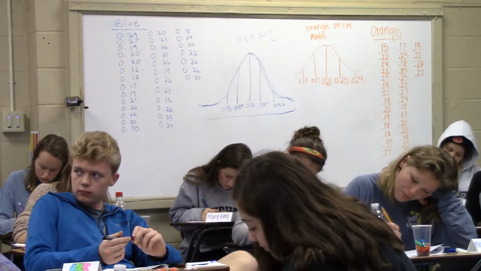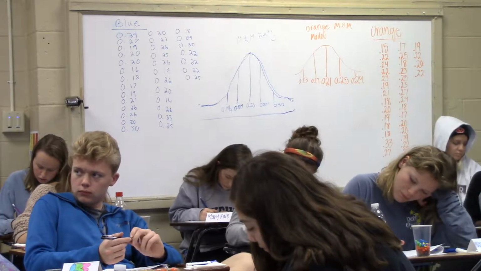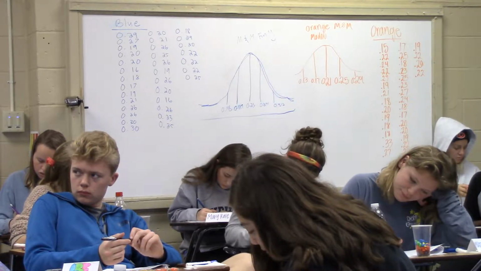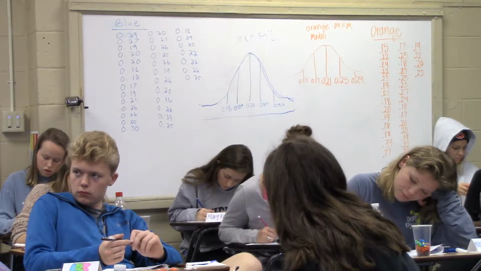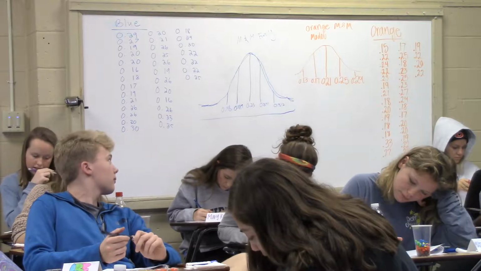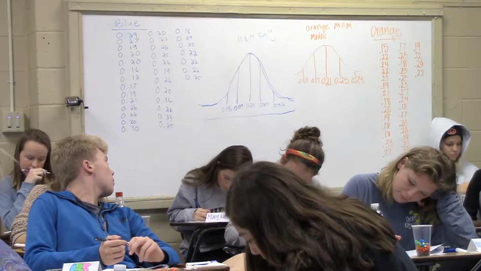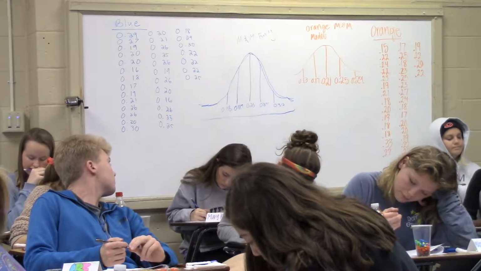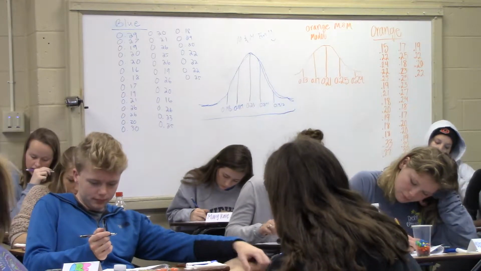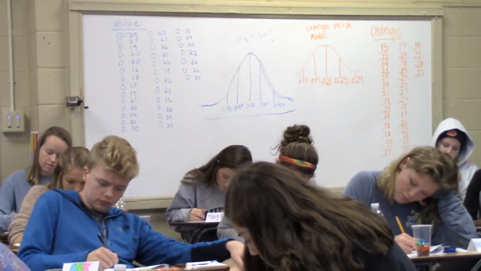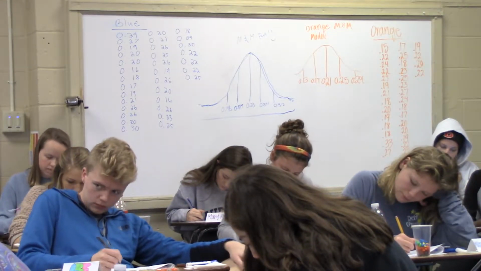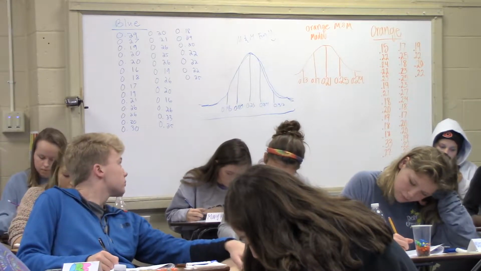Now, my percent of M&Ms was 20%. So I'm interested in what is my Z-score, because if you go down a few problems, it asks you what's the Z-score for your percent of blues and your percent of oranges.